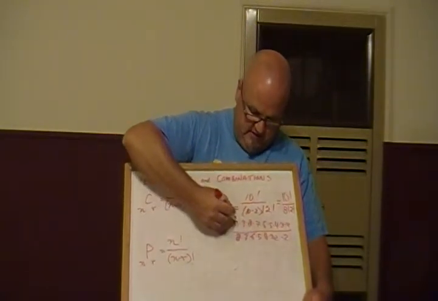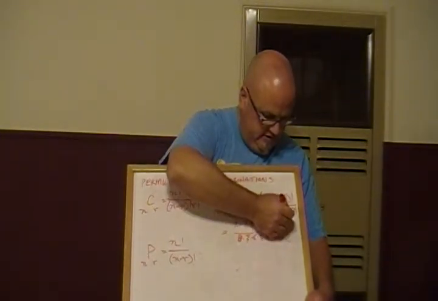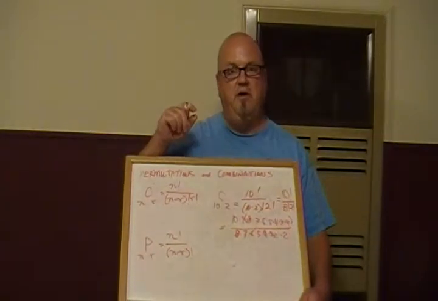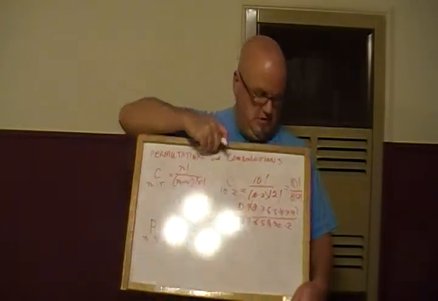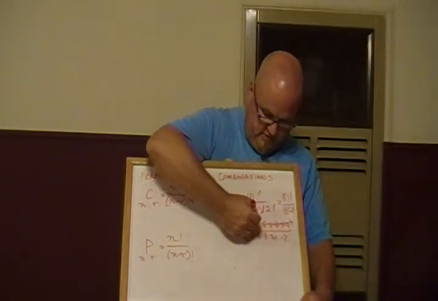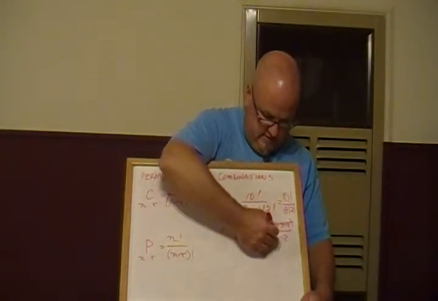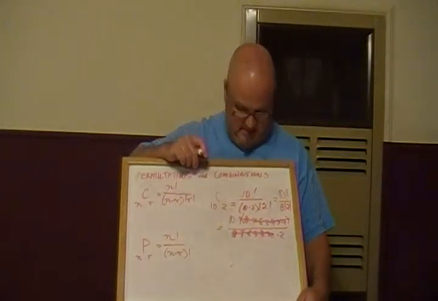Now you can see 10 factorial actually also contains 8 factorial. That part of it right there is the same as 8 factorial, isn't it? So you can cancel all this, whatever it multiplies out to, it's going to be equal to that. So that all cancels out.